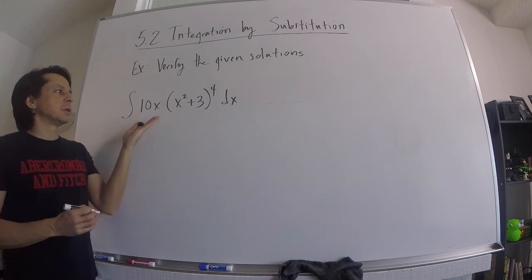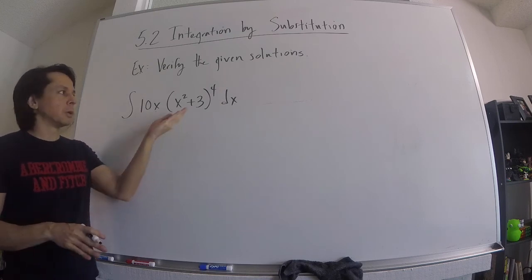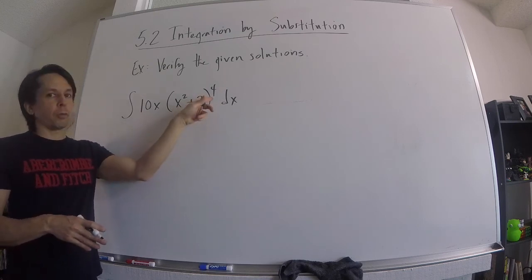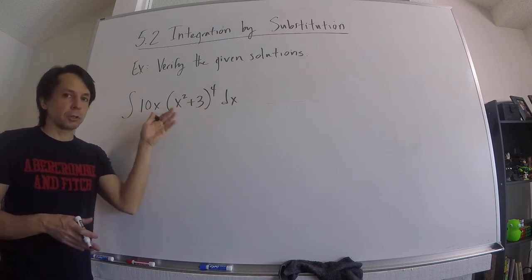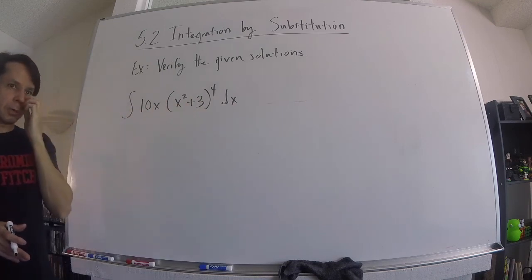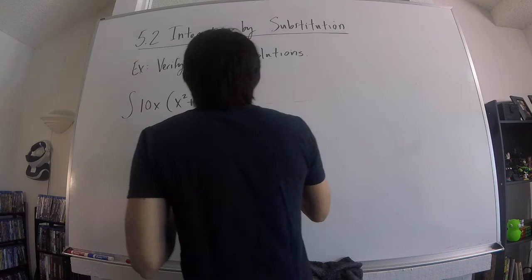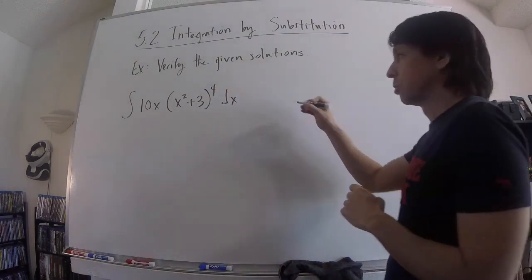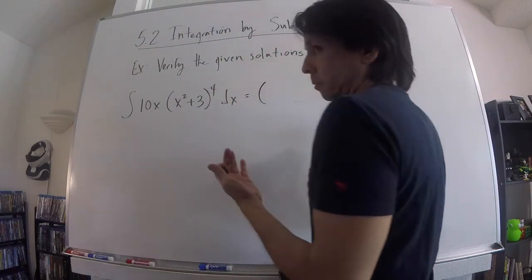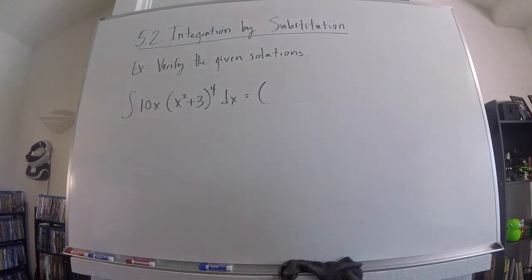The way you would do it before in 5.1 is probably to expand that to the fourth power, or it's going to get massively distributed with 10x, giving probably 6 terms or so, and then do the power rule on it and get an antiderivative with that many terms.